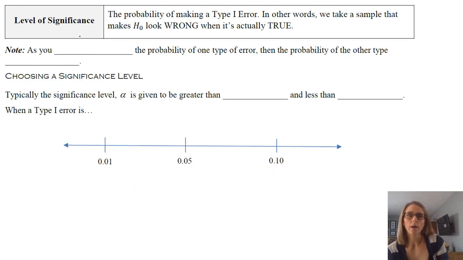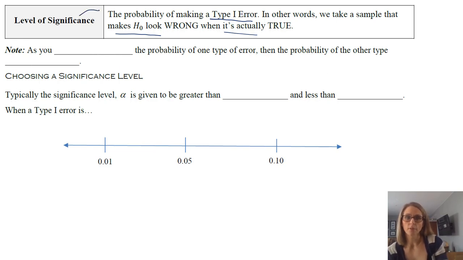Okay, so level of significance is the probability of making a type 1 error. If we take a sample that makes H1 look wrong when it's actually true, that's the type 1 error. That's just another way to say it.